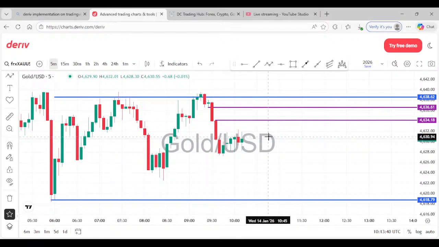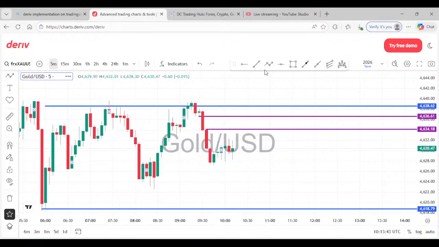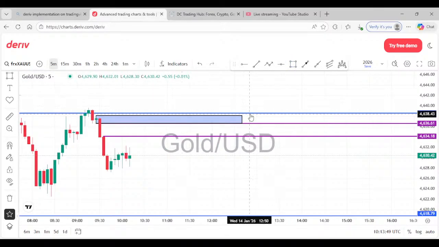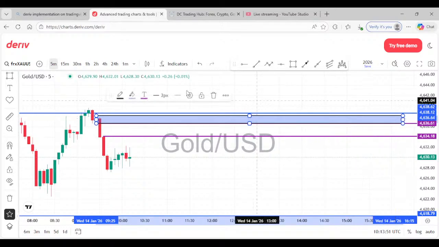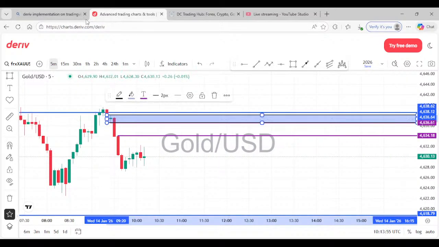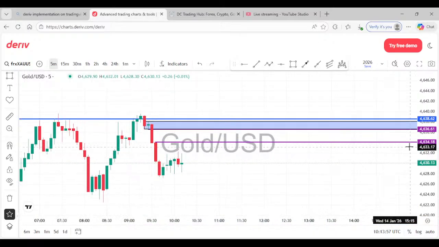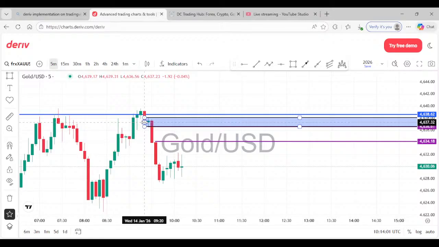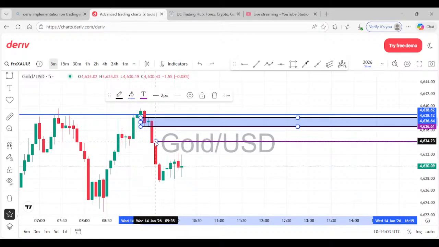So I want to see, one, how price is going to react with the fair value gap, and also this little guy. We have a supply zone at this level here. So we want to see how price is going to react with the fair value gap.